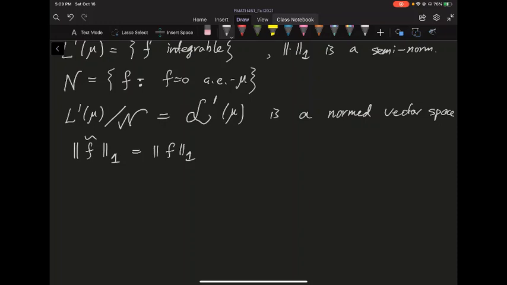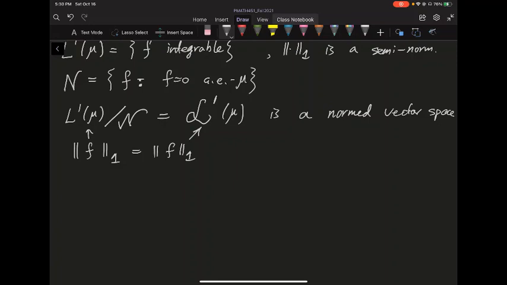Later on, when the context is clear, I will usually remove this tilde. So the one norm on this L1 space is just the one norm on the other L1 space. The curly L1 and the L1 have the same norm, but on the curly L1, you really have a norm. The other one is just a semi-norm.